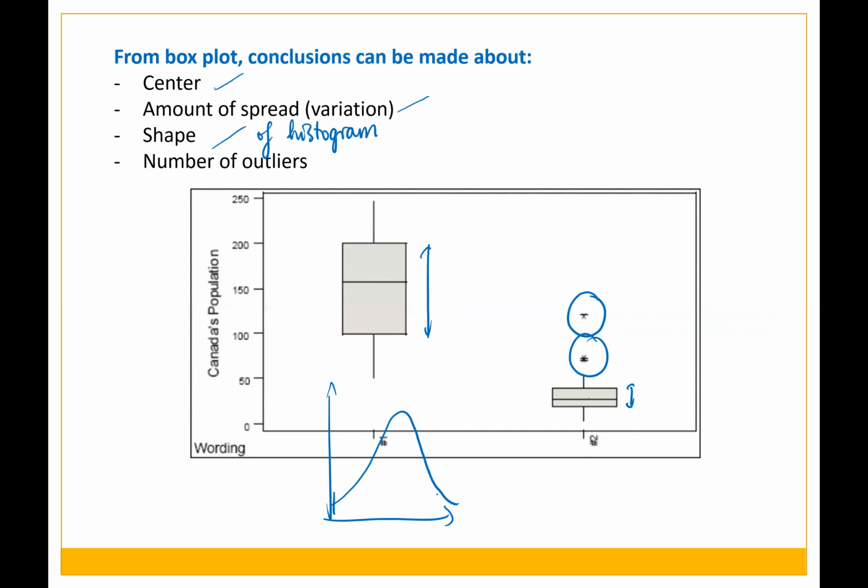However, if you look at the second box plot, you can see that it's very dense together, and the median is actually closer to the lower quartile, so it's going to be something like this. So it can give you a general idea of the shape of the histogram. And finally, there's the number of outliers, depending on how many asterisks you're given.